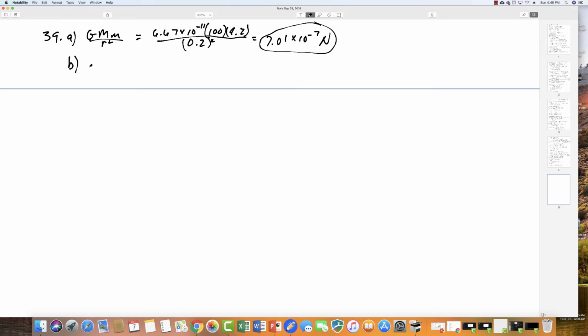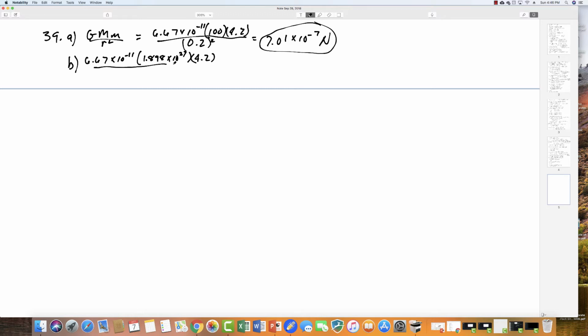It's the same formula. So it's 6.67 times 10 to the minus 11. The mass of Jupiter is 1.898 times 10 to the 27th kilograms. And the mass of the baby is 4.2 kilograms.